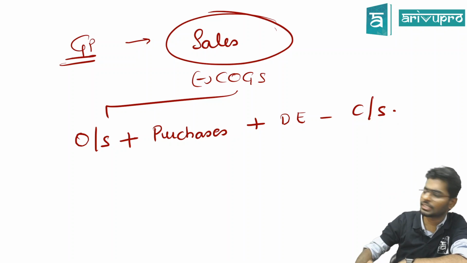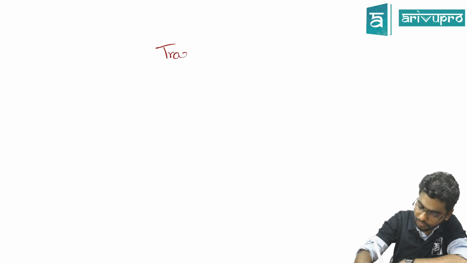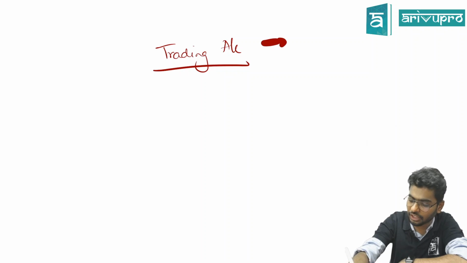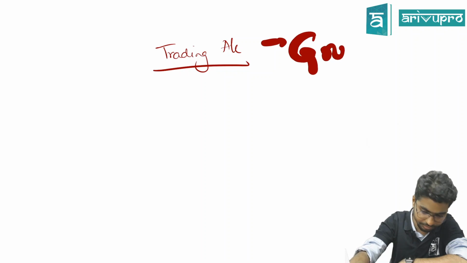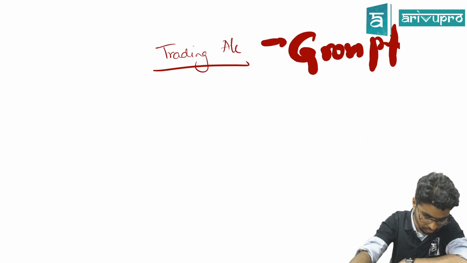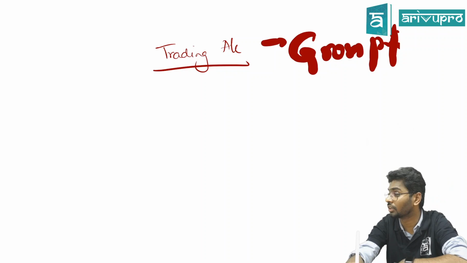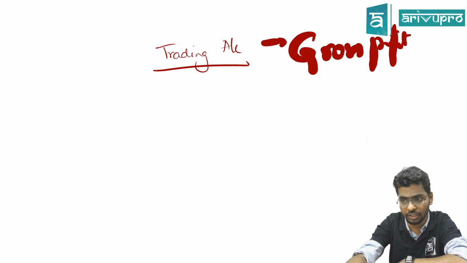Okay. The same thing, if I have to write it in the format of a trading account. A trading account is done with an objective to find what? Gross profit. Are you clear?